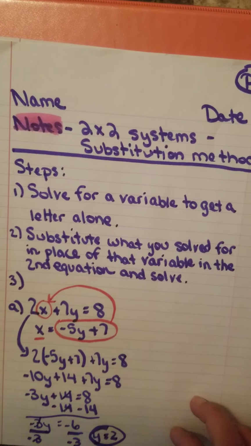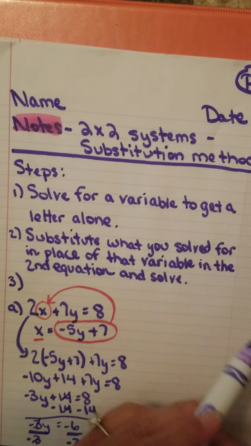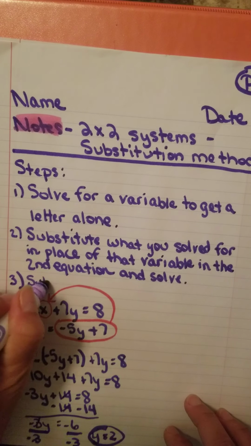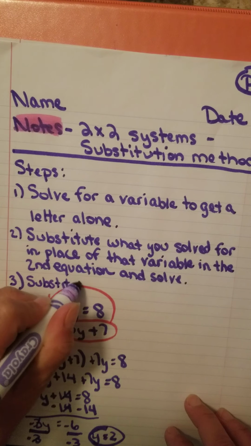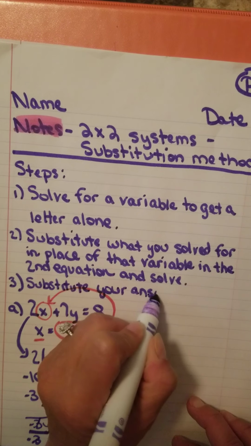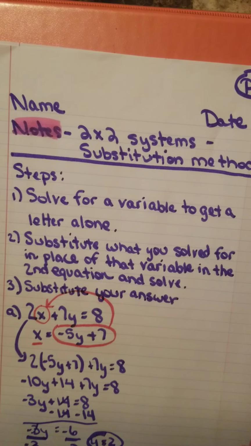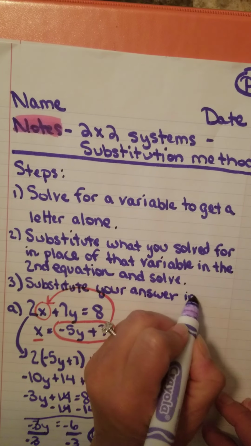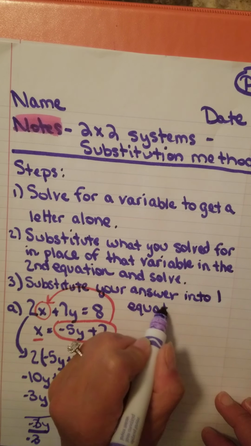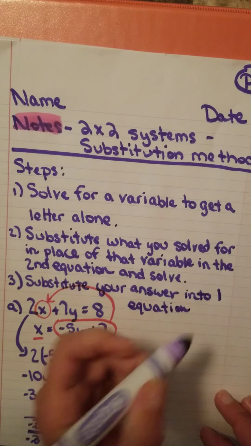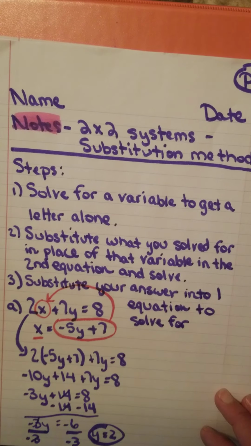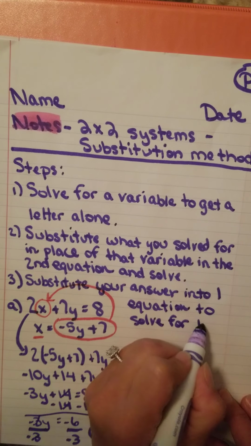So here's step 3. And if you don't have room for step 3, you can put it somewhere where you can fit it. Step 3, substitute your answer into one equation to solve for the other variable.